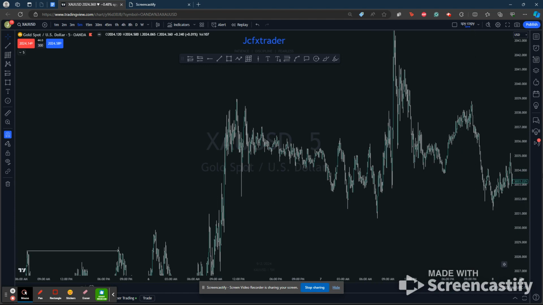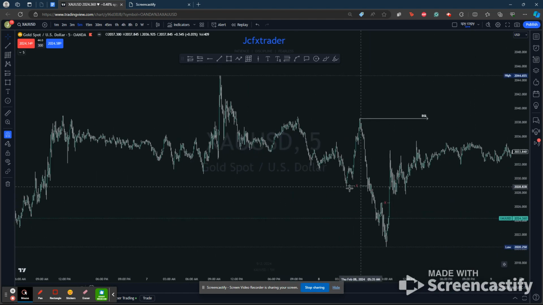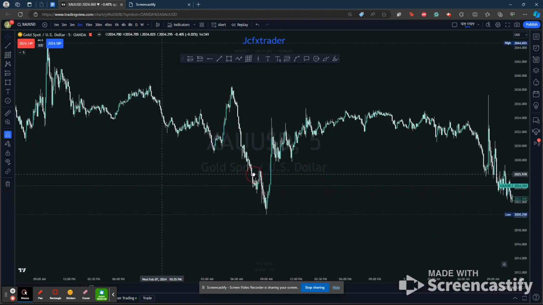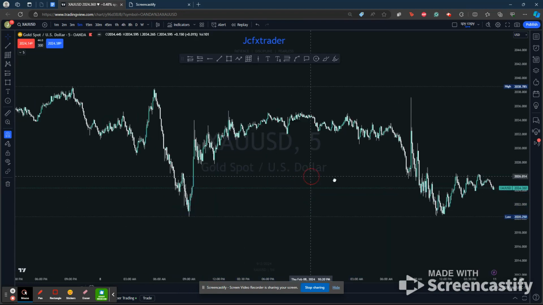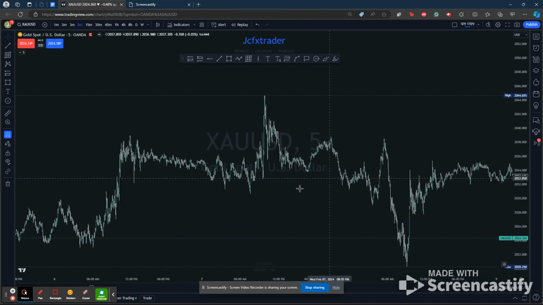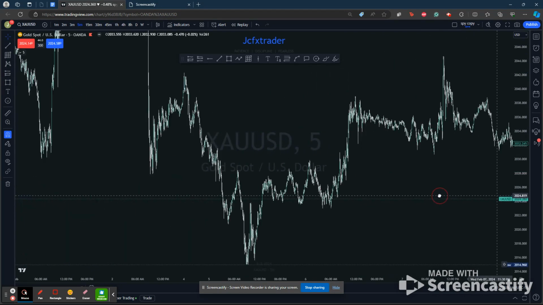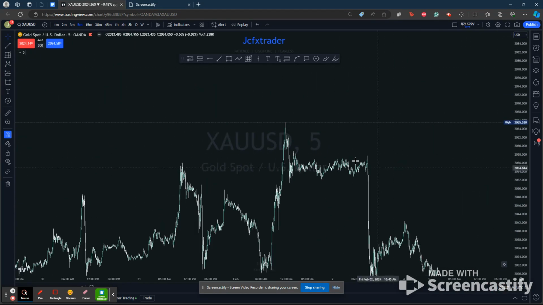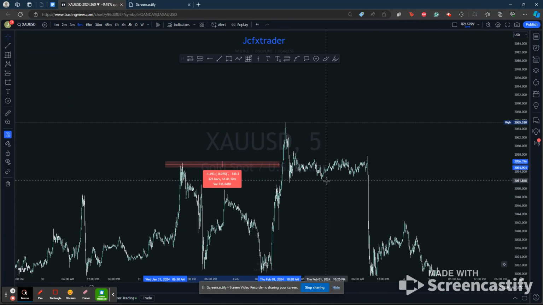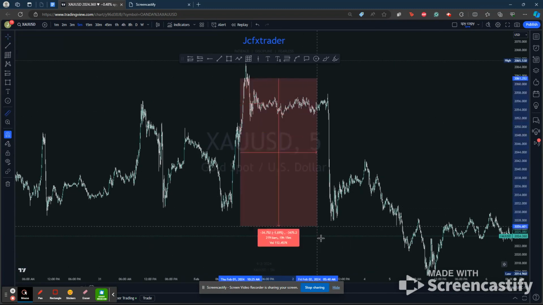So what I want you guys to do is put your confluence all together. Find 3 examples of a liquidity sweep and what's not a liquidity sweep: buy side, sell side, external, internal. See how price, whenever it reaches sell side or buy side, it tends to reach for the other side.